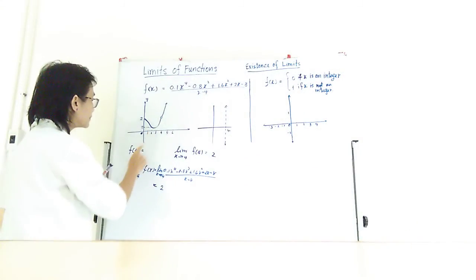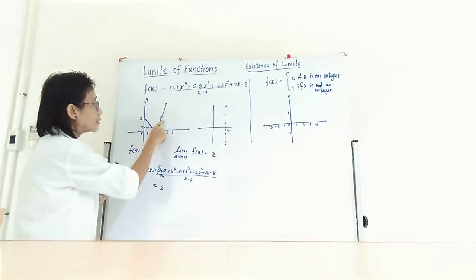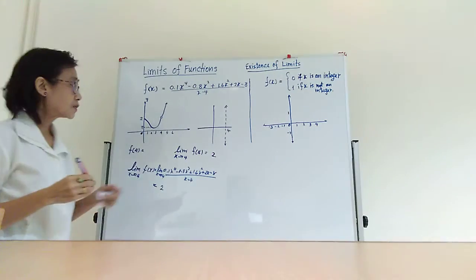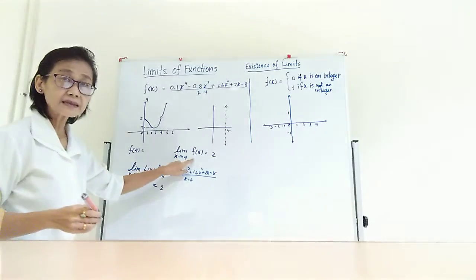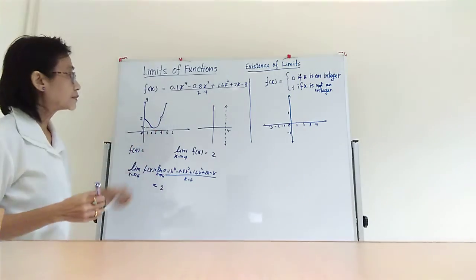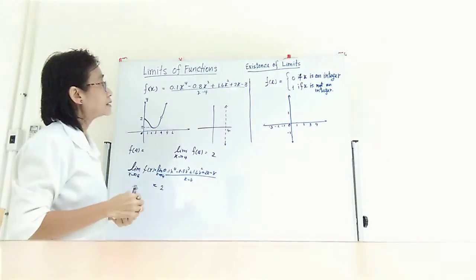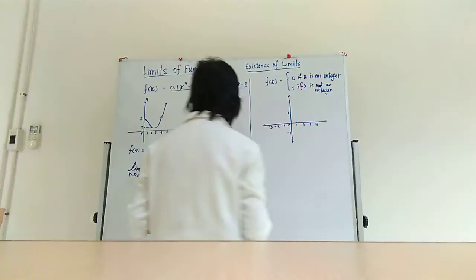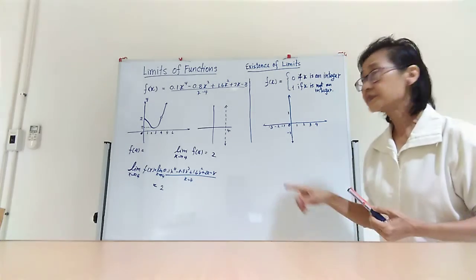So if you talk about the function, there's like an asymptote line. But when we talk about limit, yes, the limit has an answer. Right now, this is the example of a limit that does exist. Okay, now we go on to the next example.